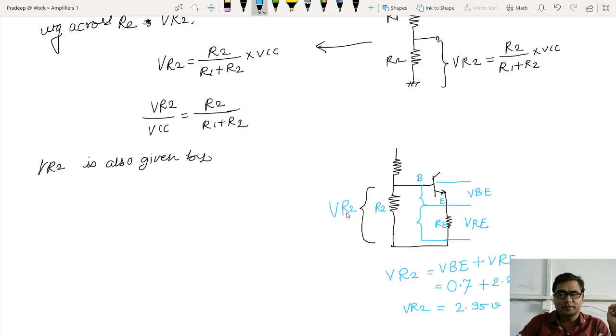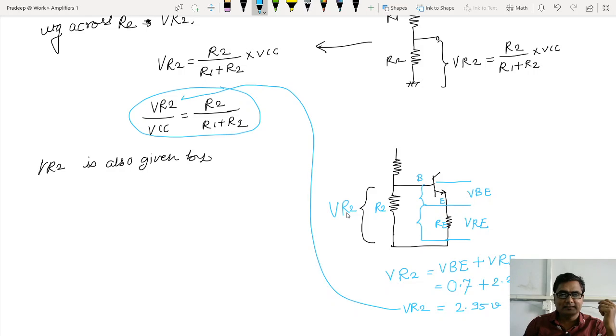Now this value I am going to use in this equation. Put this value of VR2 directly in this equation. Then you will get 2.95 divided by VCC equals R2 divided by R1 plus R2.